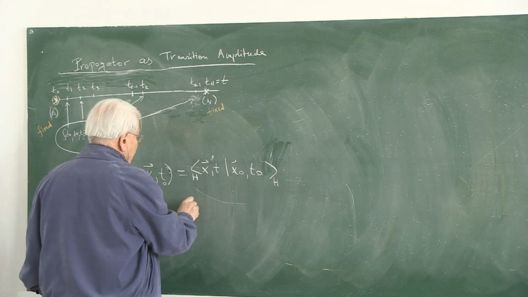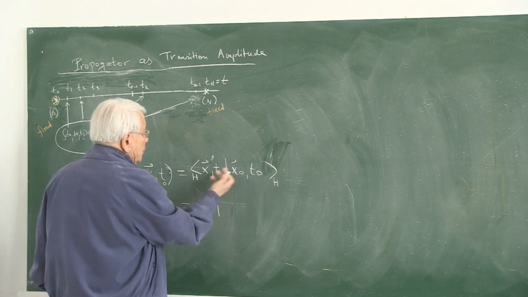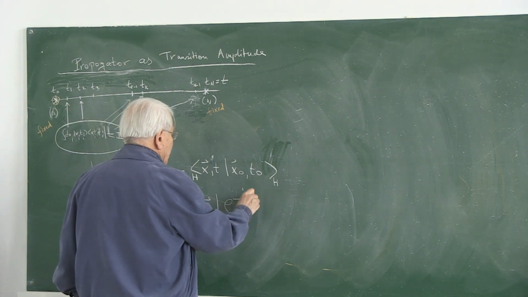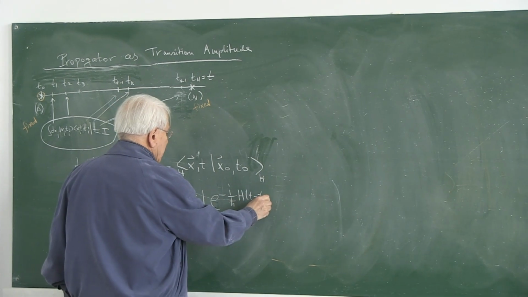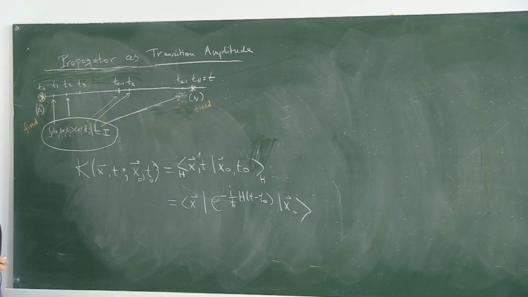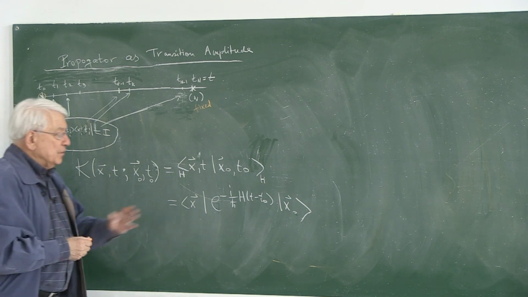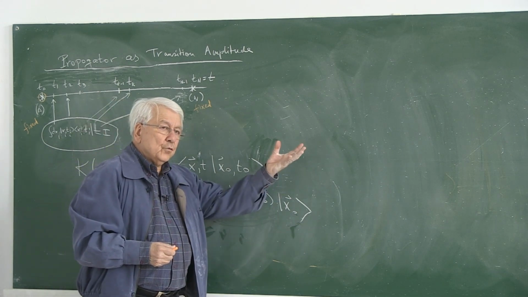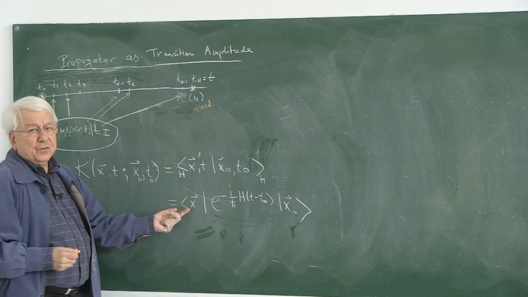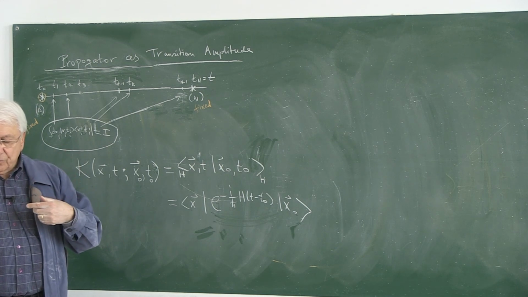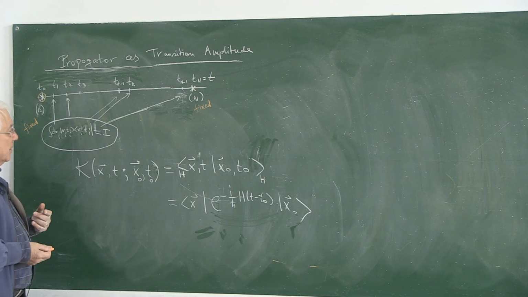It is particularly clear when we write it going back to the Schrödinger picture and inserting here the time evolution operator. What we do becomes really clear. In a sense, this time evolution operator carries this over to a future place, and then you take the projection of this. It is indeed a transition between x0, x points, each of them respectively taken at t0 and t times.